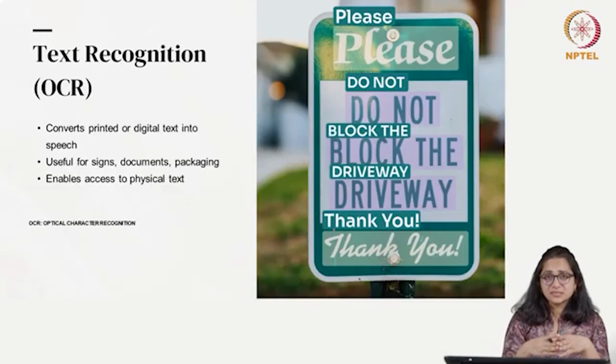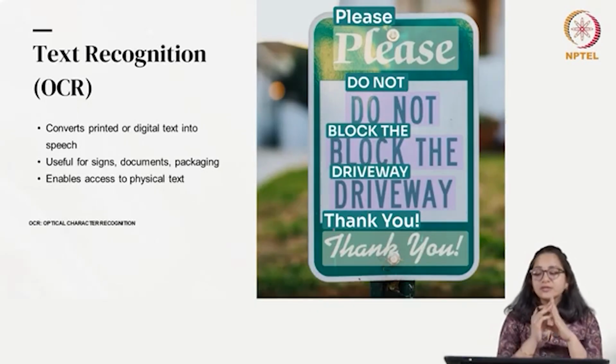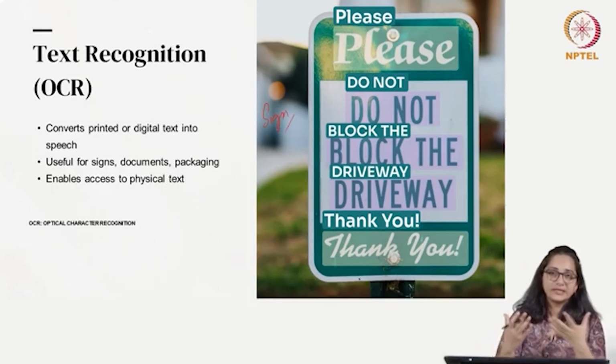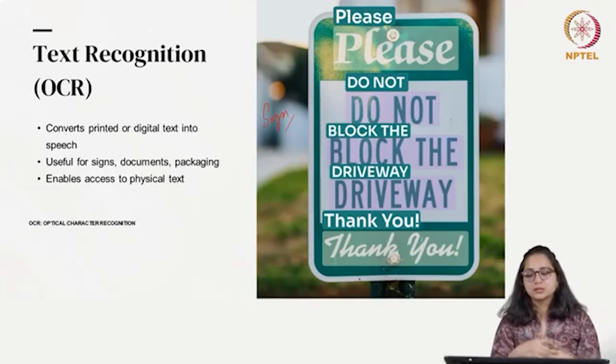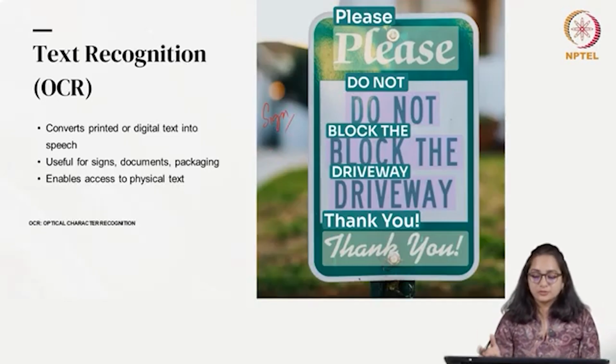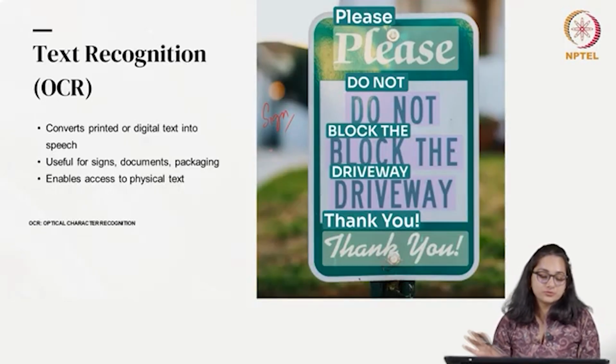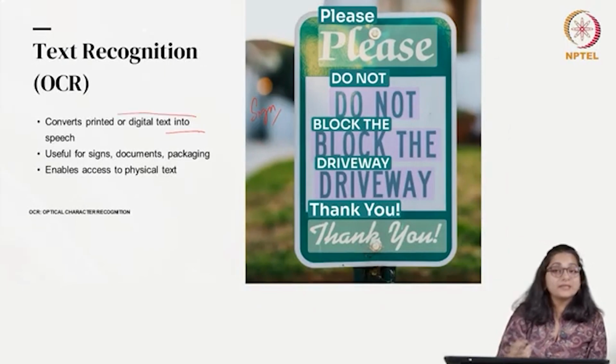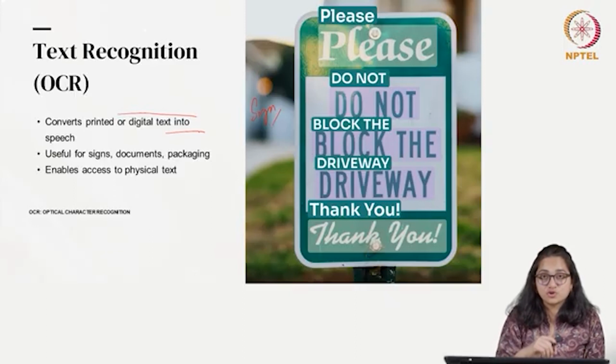Then comes the next core competency, which is OCR or text recognition. So text recognition is, as we mentioned, signboard reading or other reading material if you want to read. For example, "Please do not block the driveway. Thank you." It is able to read that. So it converts printed or digital text into speech, right?